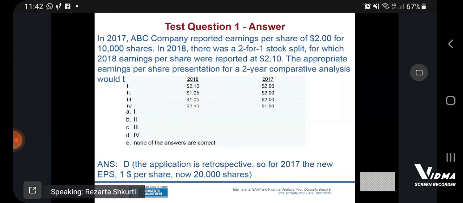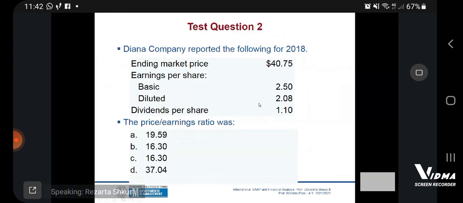Okay, let's have another test question. Again, these are multiple choice test questions, but require you to do a minimum amount of calculations. We have a company that has reported the following: ending market price, earnings per share, basic and diluted, and the dividends per share.